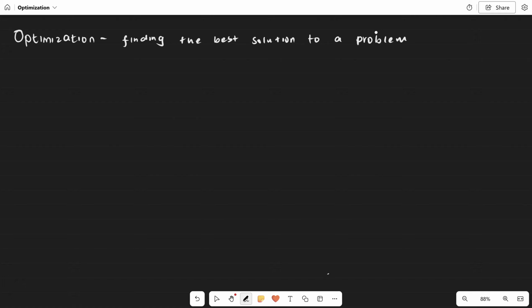It means that we are finding the best solution to a problem, having many solutions with certain limits, right? So optimization, basically, this is what it means, right? We are finding the best solution to a problem, having many solutions with certain limits.